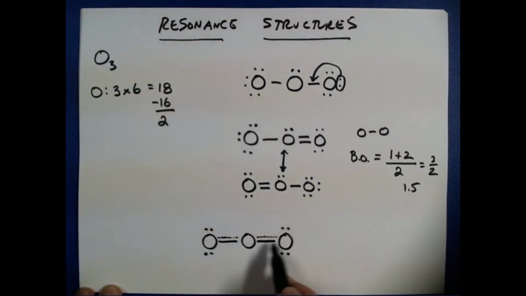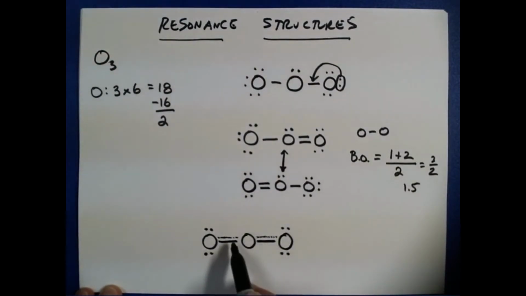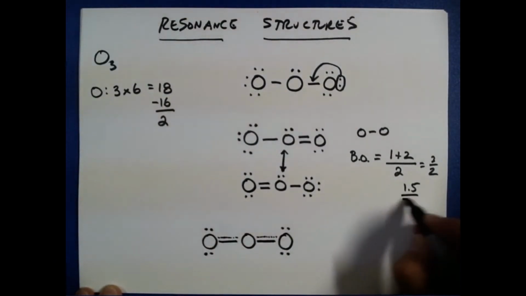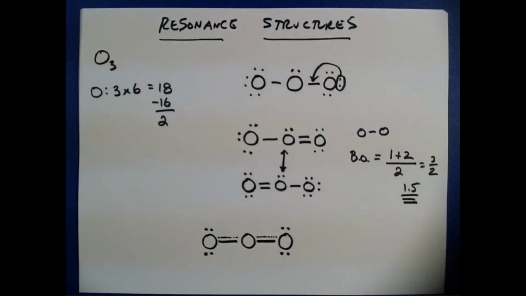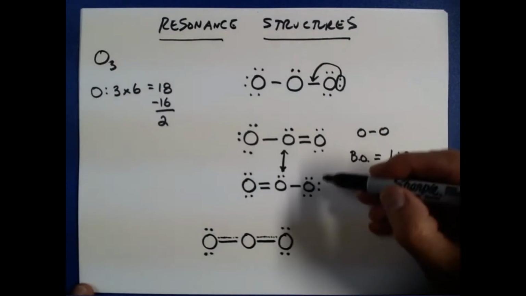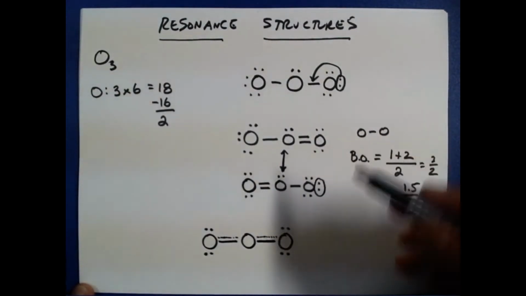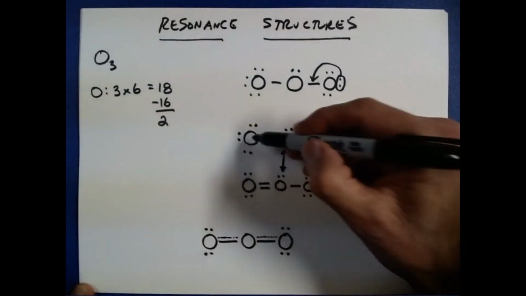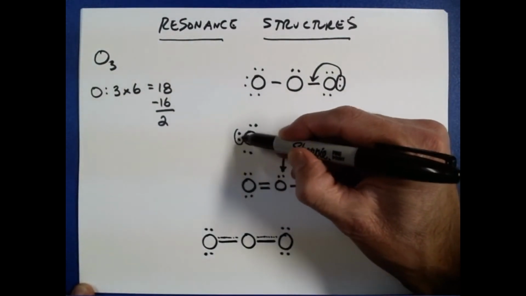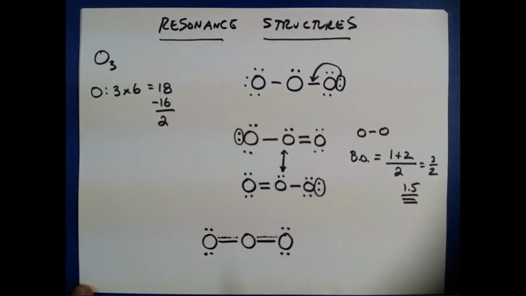So this is sort of indicating that the bond that connects the central oxygen with an outer oxygen is like a 1.5 bond. It's not a double bond. It's not a single bond. It's in between. The other thing that we have to note is on this particular resonance structure, there's 2 electrons on this oxygen, whereas in this resonance structure, the 2 electrons in the lone pair are on this oxygen.